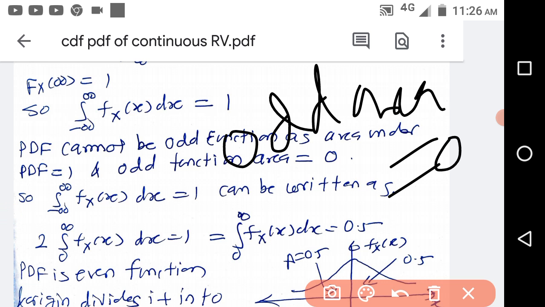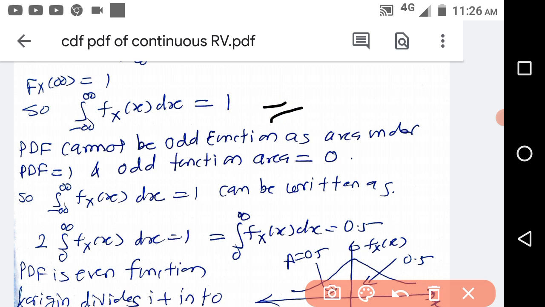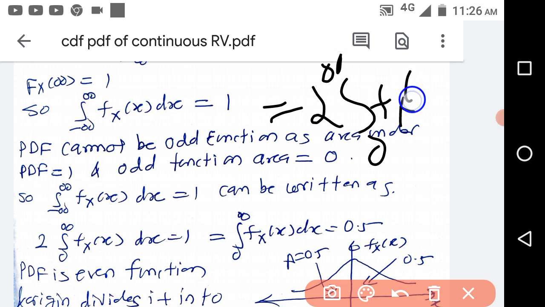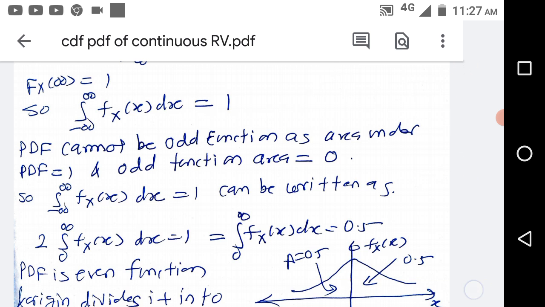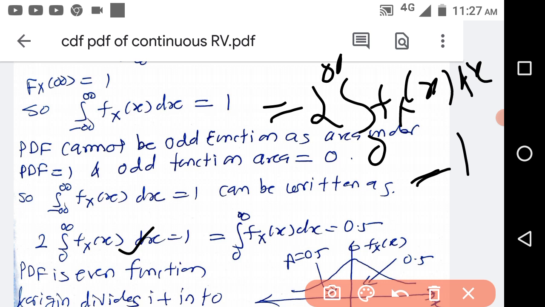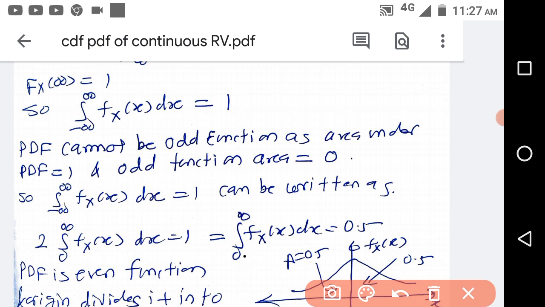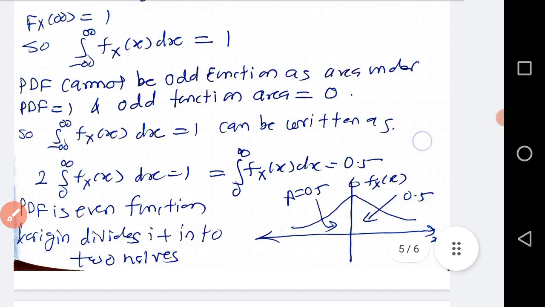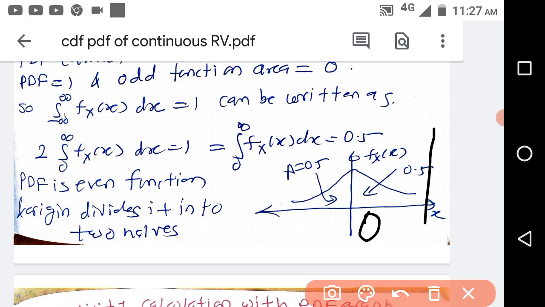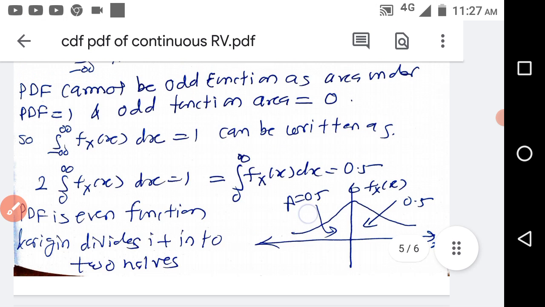So if it is an even function, we can write 2 times the integral from 0 to infinity of f_X(x) dx is equal to 1. So the integral from 0 to infinity of f_X(x) dx is equal to 0.5. That means the area of the PDF curve after the origin is 0.5 and before the origin is 0.5.